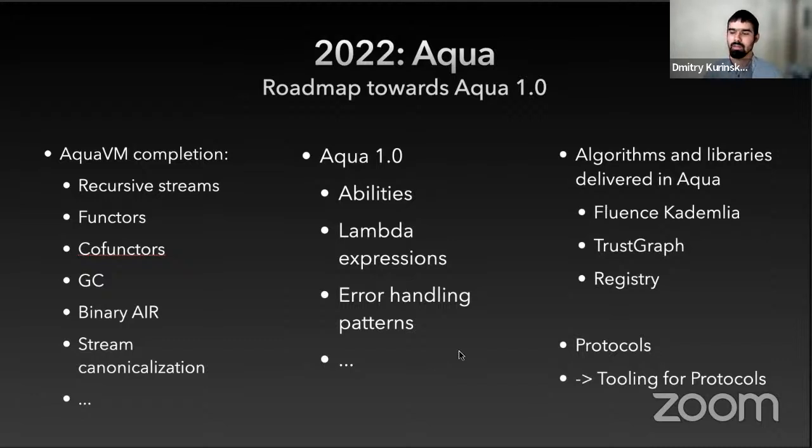So the goal is to commoditize the development of distributed protocols by the Fluence community, to make it a new domain in the Fluence tool set, to provide tooling, to make it simple, stable, scalable, and so on. So this will be one of the main topics for the next year.